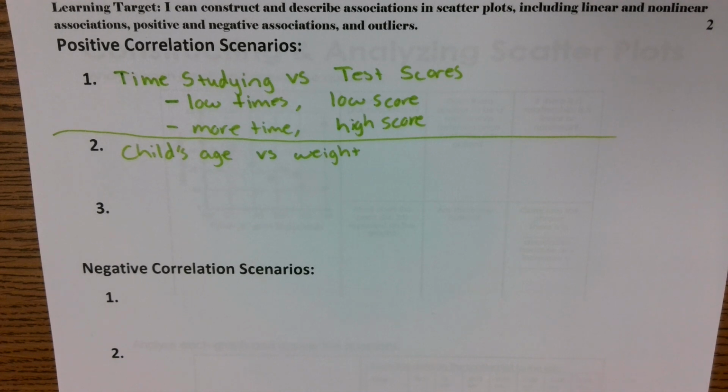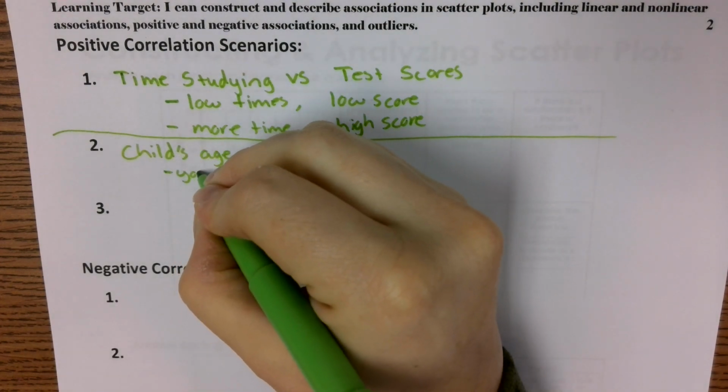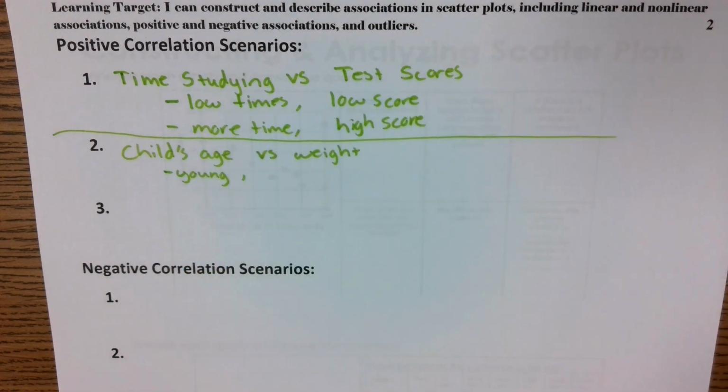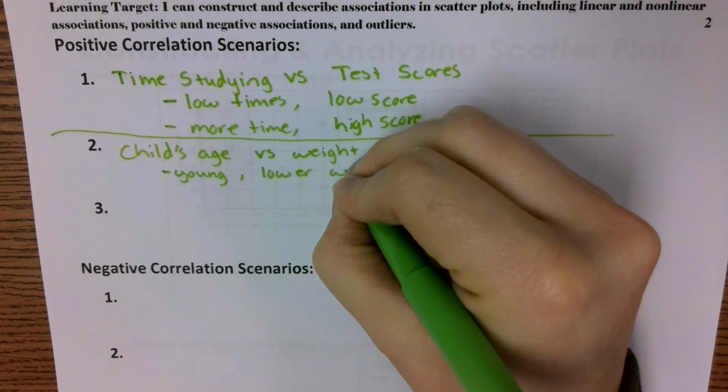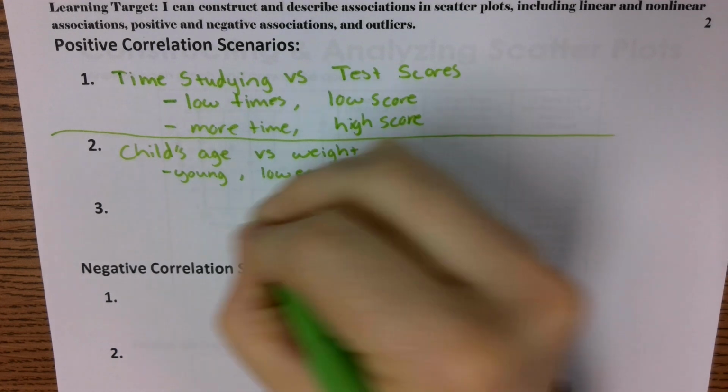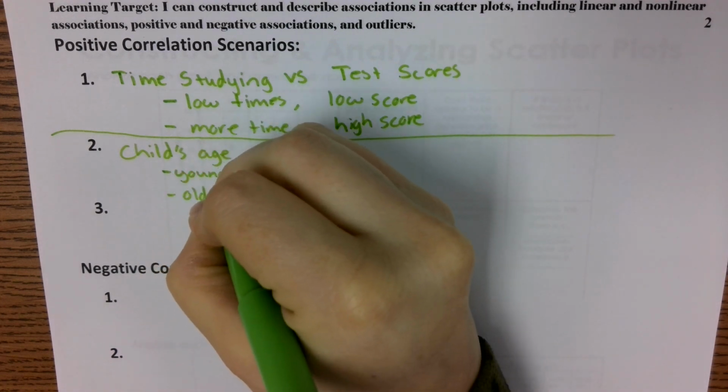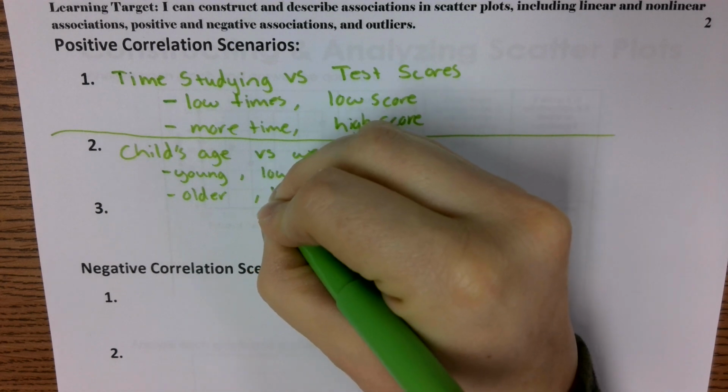Starting from a baby all the way up to your teens, as you're aging, you're growing, which naturally means that your weight is increasing as well. So when you're at a really young age, you have a lower weight. And when you're at an older age, you have a higher weight.